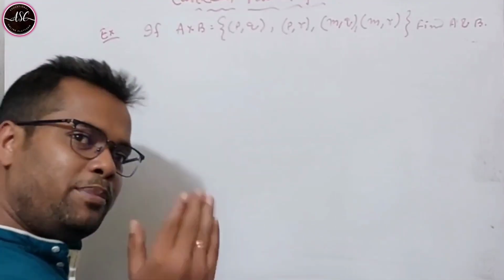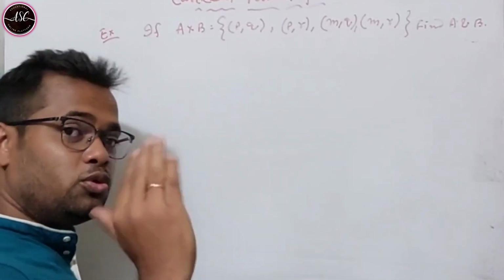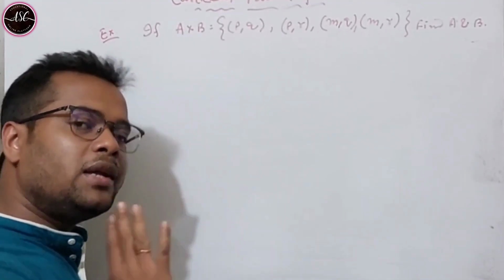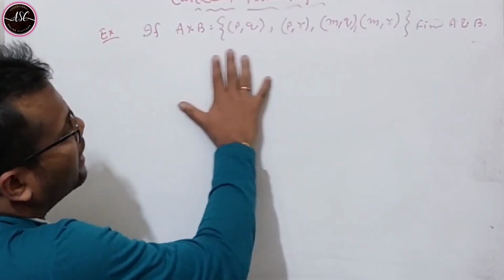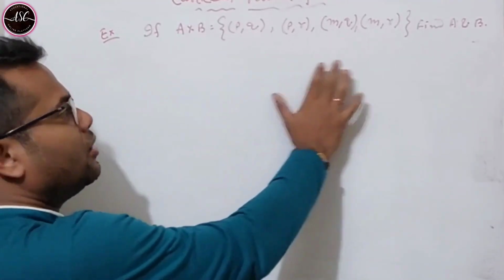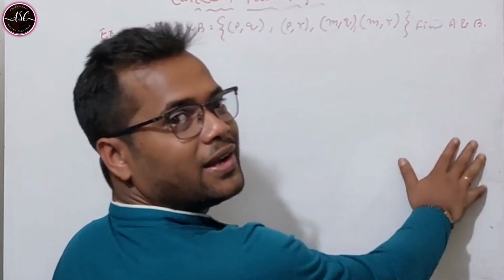Now look at this example. Till now we have done the Cartesian product of two sets where the two sets were given. But here the Cartesian product has been given, and we are going to find the sets.